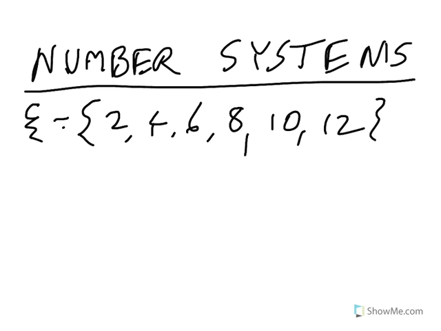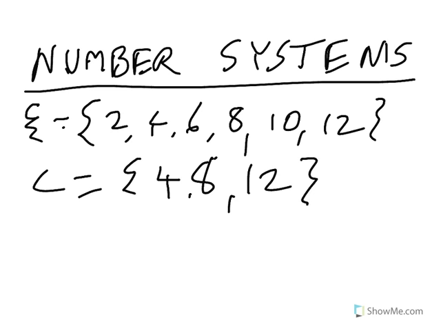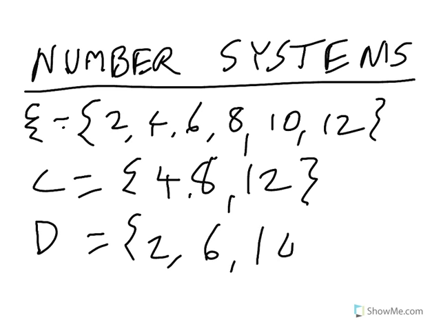We've got set C, which is the numbers 4, 8 and 12, and set D, which is the numbers 2, 6, 10 and 12. Okay, so that's our first lot of information that we need to work with.